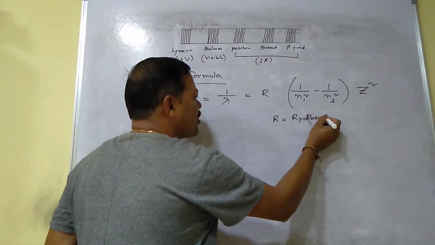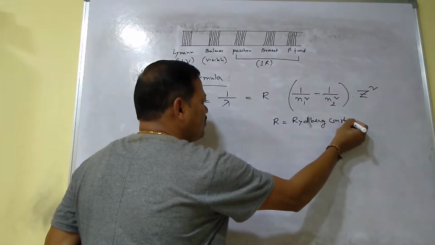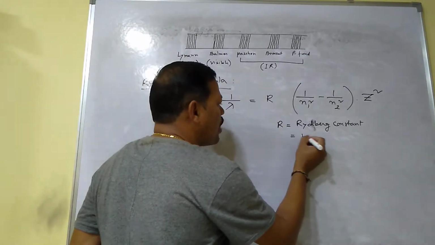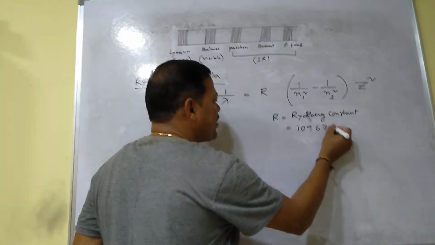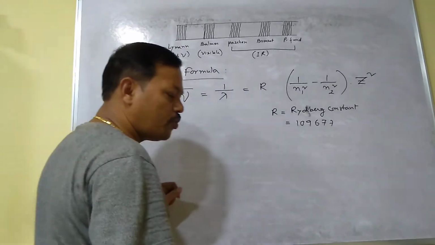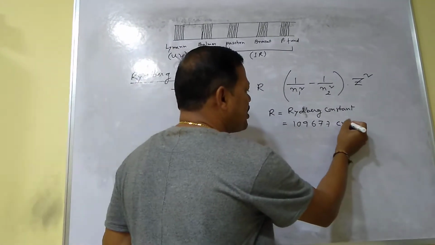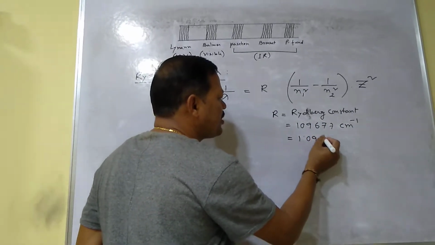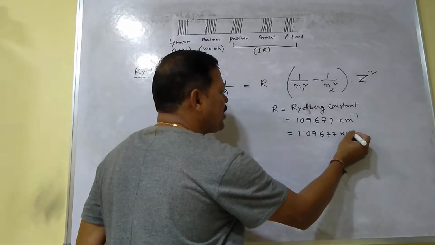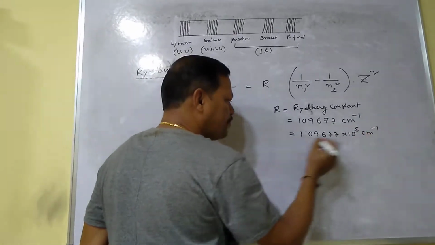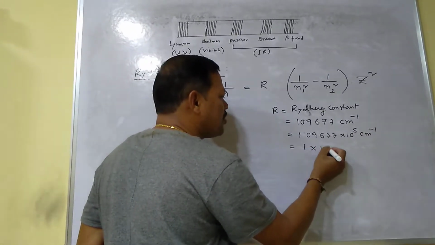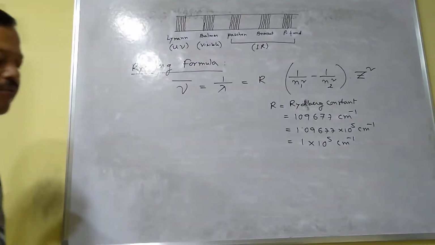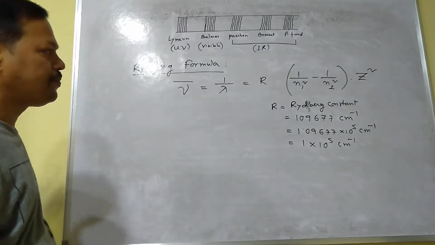Its value is 109,677 centimeter inverse. You can write this as 1.09677 into 10 to the power 5 centimeter inverse, and in numerical you can write 1 into 10 to the power 5 centimeter inverse also. So this is the value of the Rydberg constant.